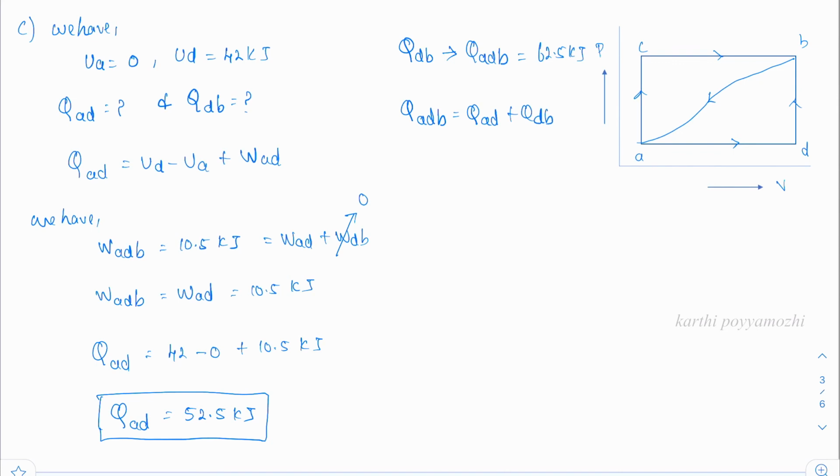We have the value of QADB, which is 62.5 kilojoule, and QAD, which is 52.5 kilojoule. So this equation involves only one unknown, and we can find the value of Q of DB, which is equal to 62.5 minus 52.5 kilojoule, and Q of DB is equal to 10 kilojoule.